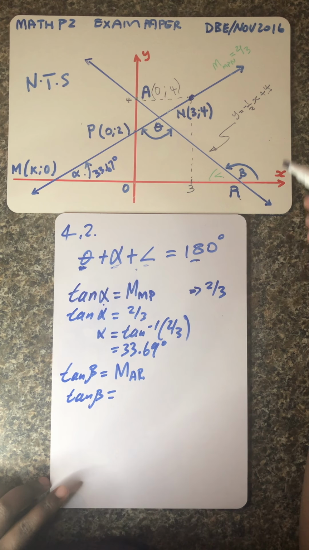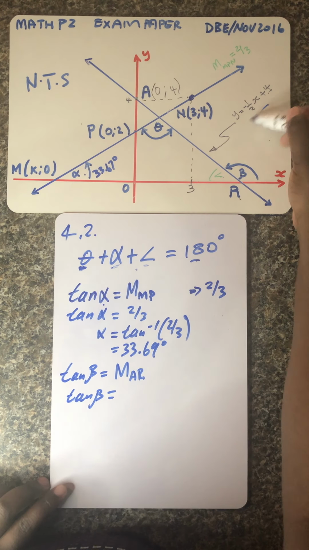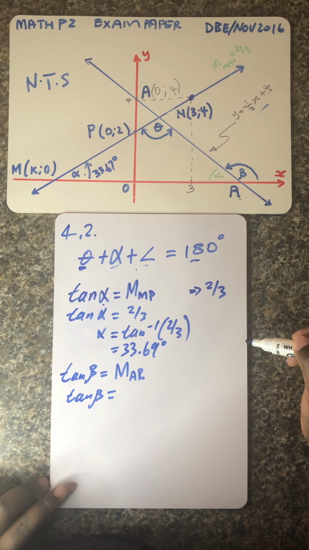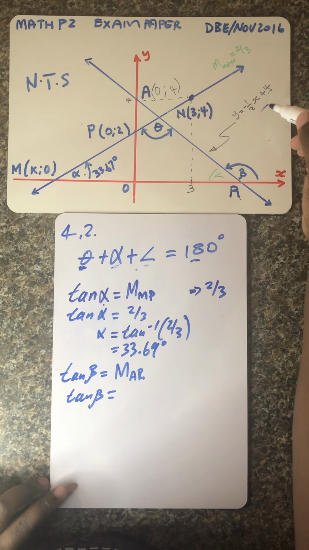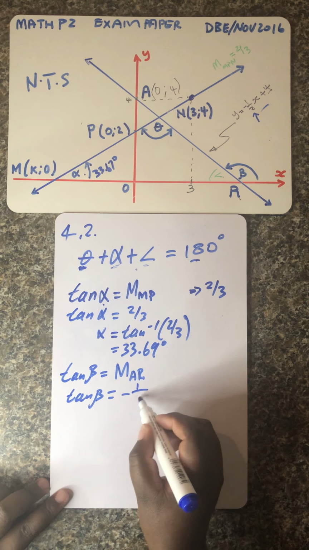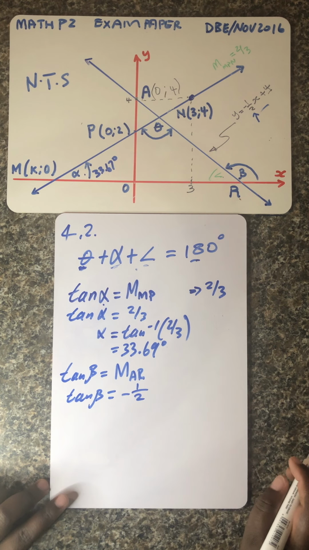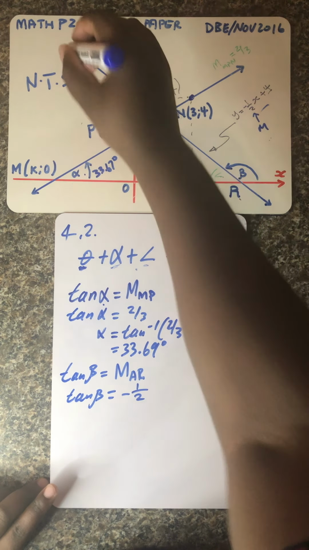Obviously, we've just noticed that the equation for that line is y equals negative 1 over 2 x plus 4, isn't it? This is the equation we're given straight away from the statement, so we can just substitute what we already know. We know that the gradient for that line is negative 1 over 2, isn't it? This is the m of that line.